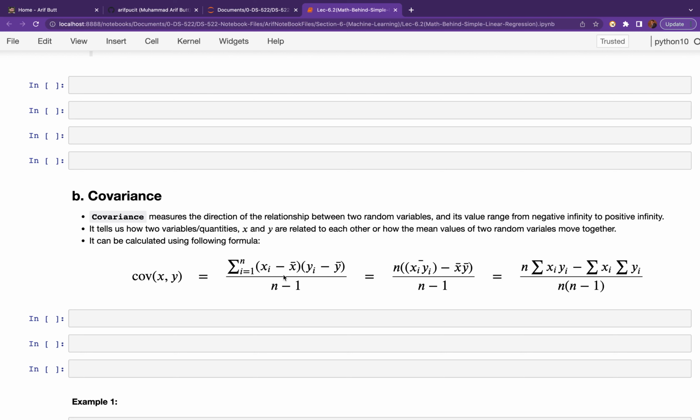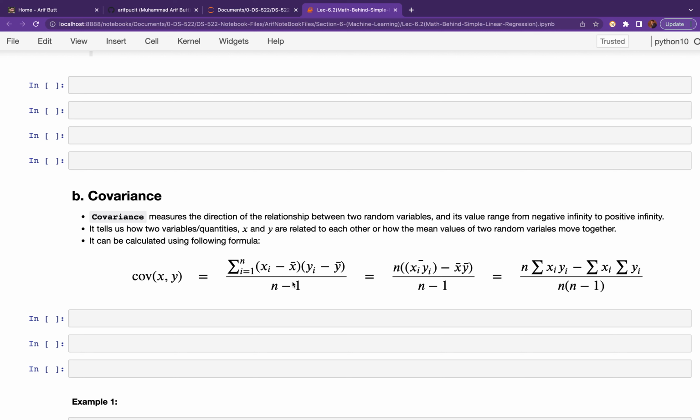So this first formula says covariance is equal to the sum of how the x varies from the mean times how the y varies from the mean, divided by the sample size minus 1. Well, the value of covariance can range from plus infinity to minus infinity.